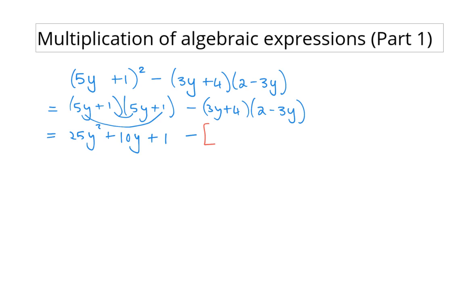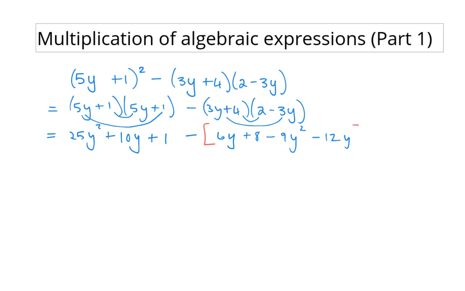So I'm going to multiply these two factors of the second term. The first two terms give 6y squared. The inner product is plus 8. The outer product is minus 9y to the power of 2. And the two last terms, the product of that is minus 12y.